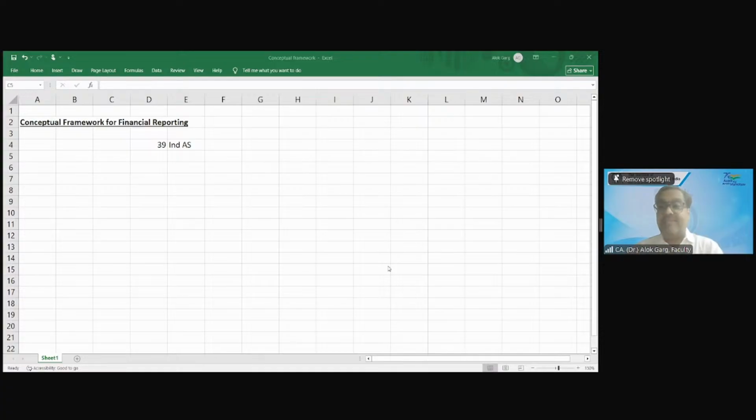So it provides you the definitions of asset, liability, equity, income, and expenditure, right? For example, if there is no standard defined for a particular item, what is the nature of the item? Let's take the example of circus animals. We have a standard, Ind AS 41, which talks about biological assets.